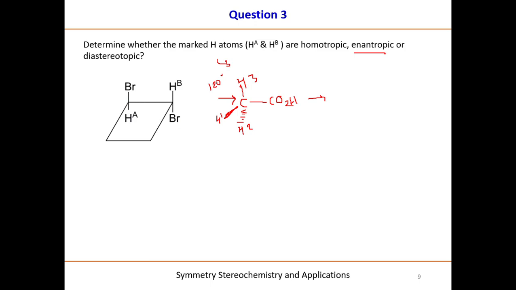So what are enantiotopic molecules? A pair of ligands in a molecule are said to be enantiotopic if they are interchangeable by an Sn axis. In question number 1, we discussed that if an Sn axis is present, that means the molecules are enantiomers and they are disymmetric molecules.